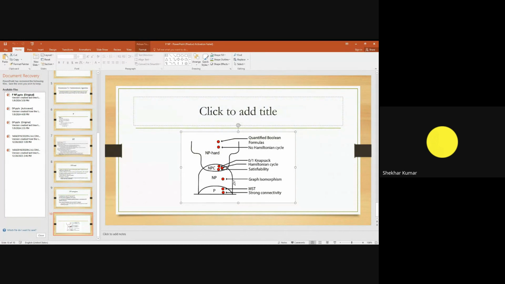In NP, it is verified within a time, but in NP hard, it takes a long time to check whether it is right or not.